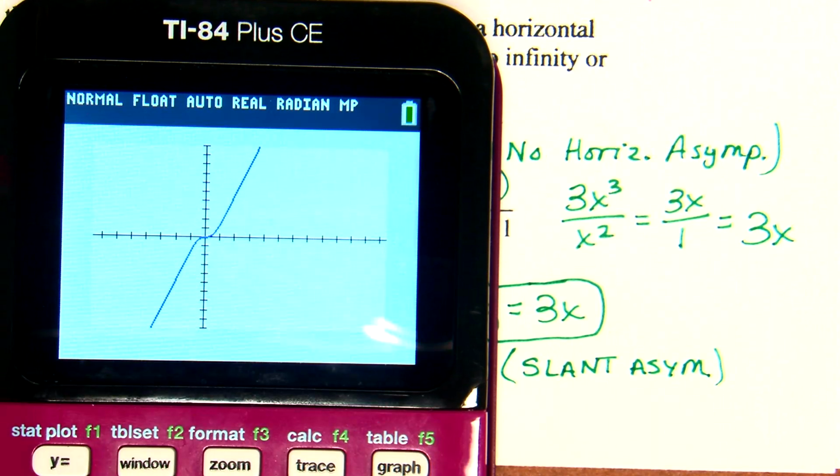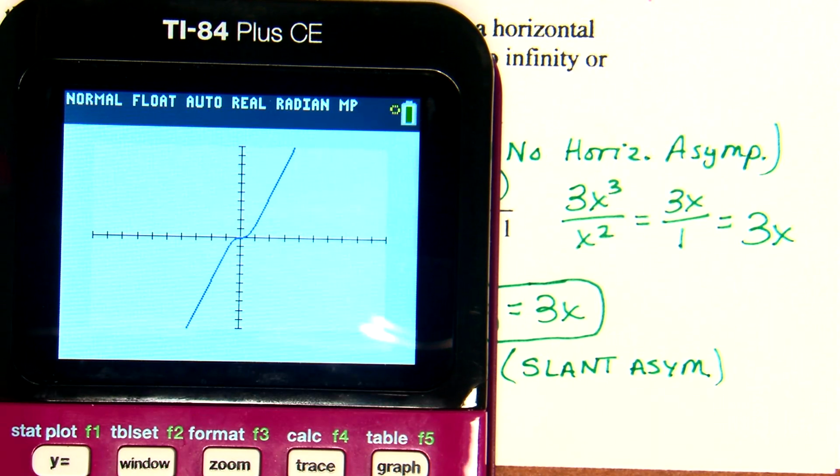So there's my original graph. Does that match up with that red line pretty well? Yeah, that red line is y equals 3x. That would be equivalent to an asymptote. Probably if I played in my settings, I might even be able to make that a dotted line. I'm not sure.